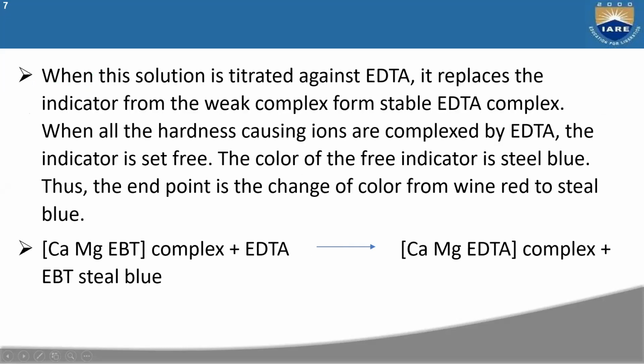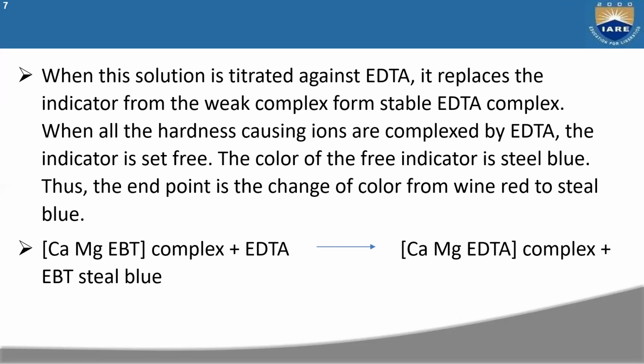When the solution is titrated against EDTA, it replaces the indicator from the weak complex to form a stable EDTA complex. Before, we get the calcium magnesium EBT complex, which is a weak, unstable complex.